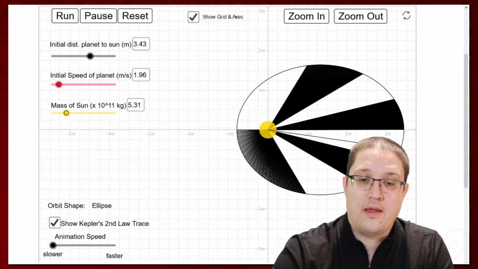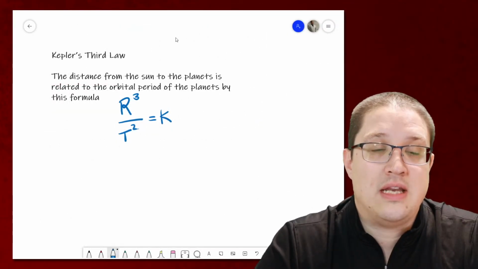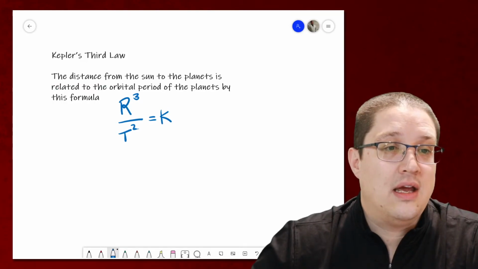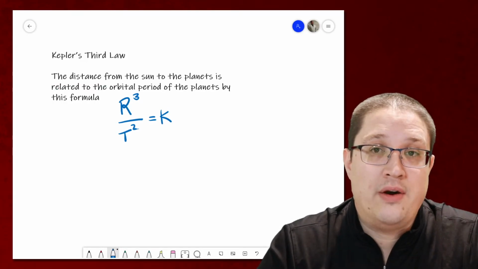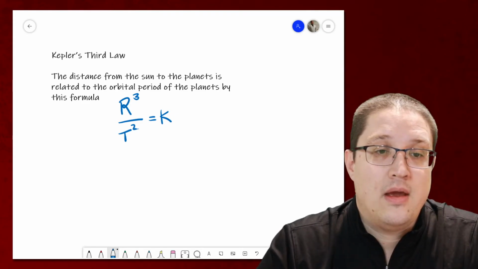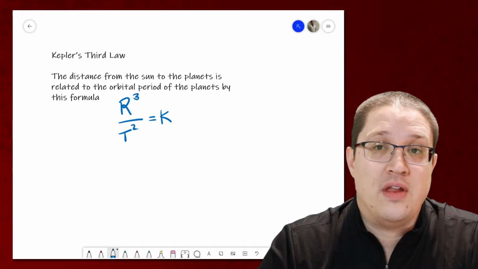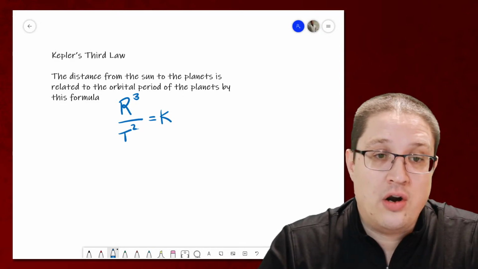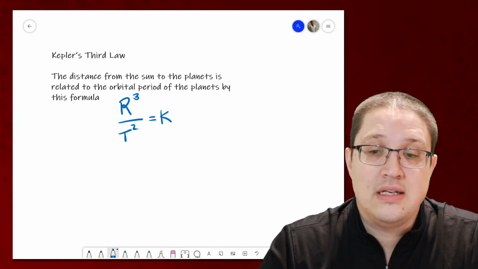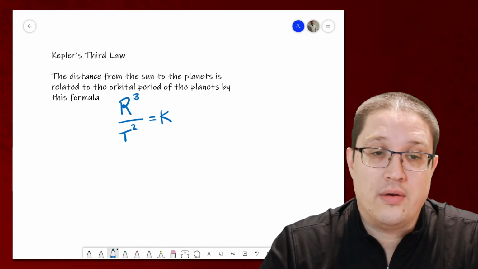Now, Kepler's third law states the distance from the Sun to the planets is related to the orbital period of the planets by this formula. So here we have the orbital radius, which is r cubed, divided by the orbital period t squared.